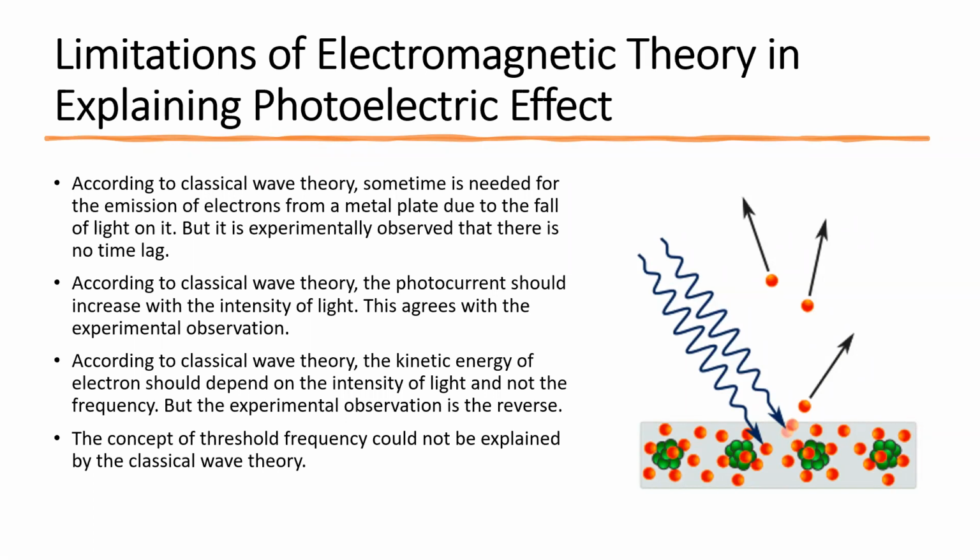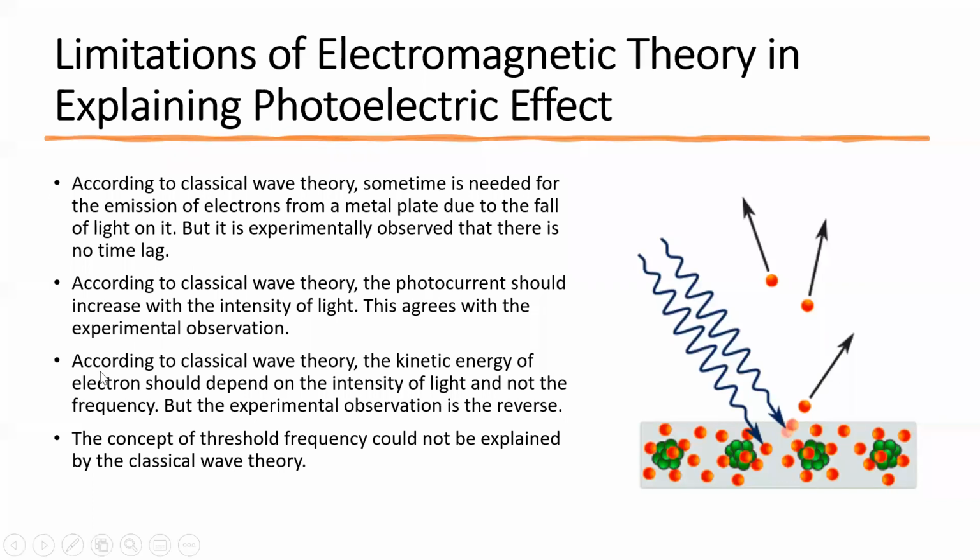So more electrons will be able to absorb them and come out. So the photocurrent should definitely increase. So this agrees with the experimental observation. So classical electromagnetic theory has no issue in explaining the fact that as the intensity of light increases, the photocurrent increases.